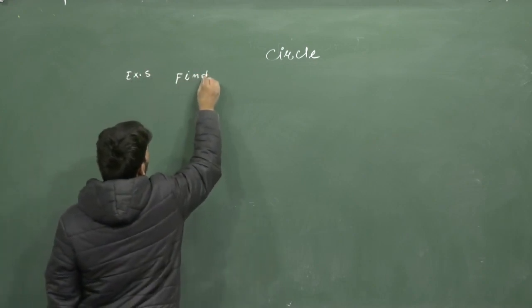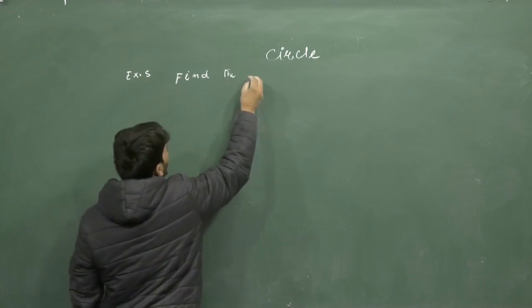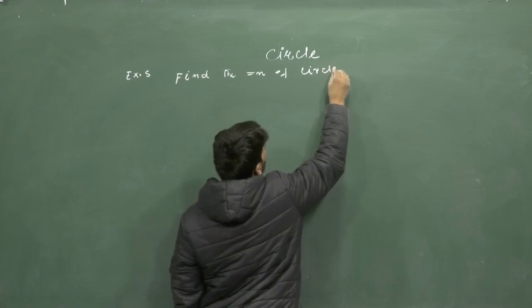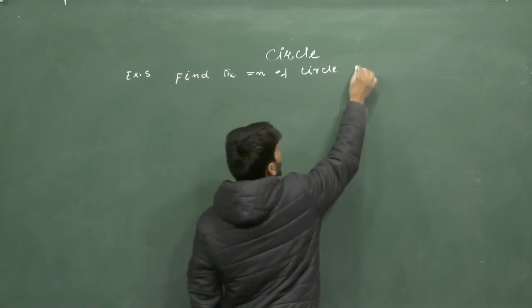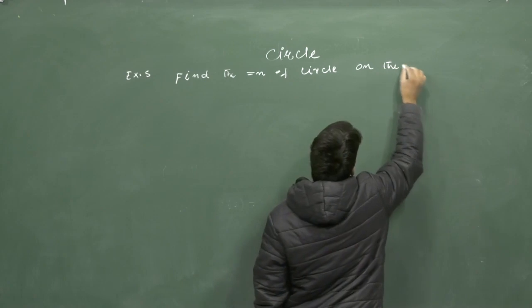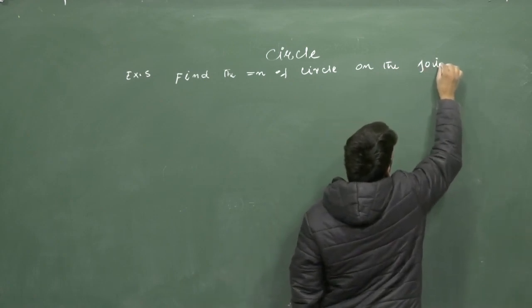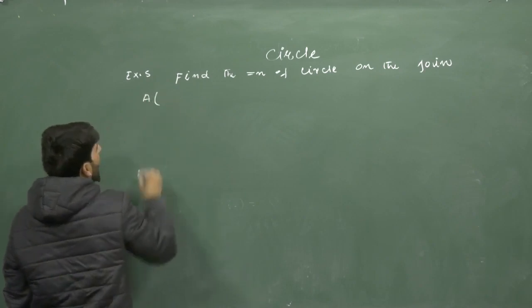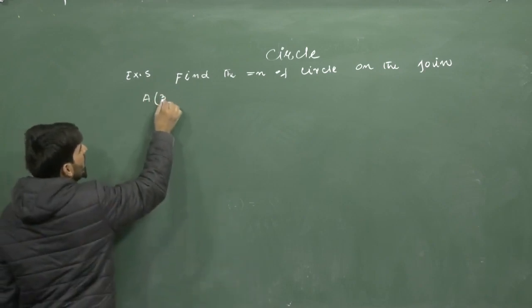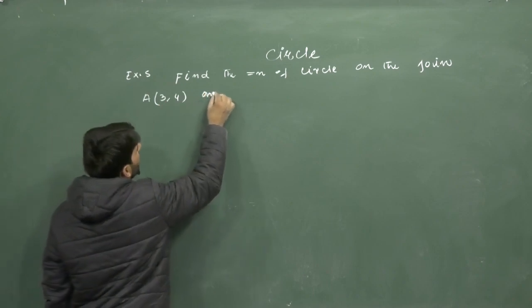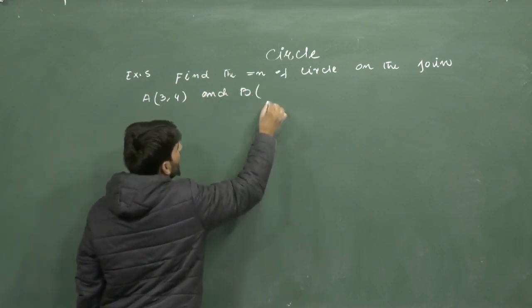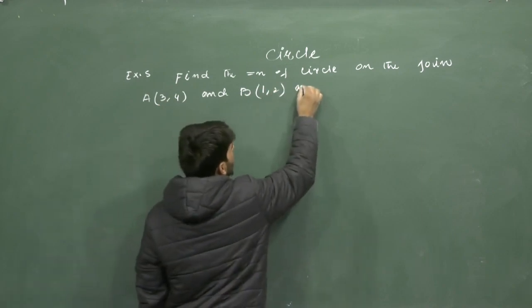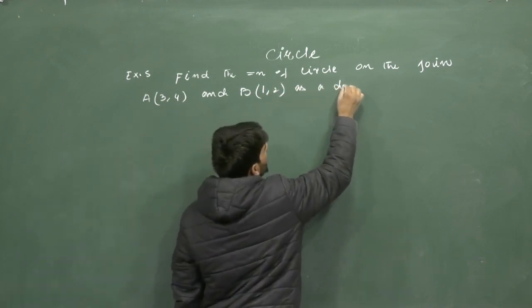Find the equation of the circle on the join of A having coordinates, say, (3, 4) and B point having coordinates (1, 2) as a diameter.